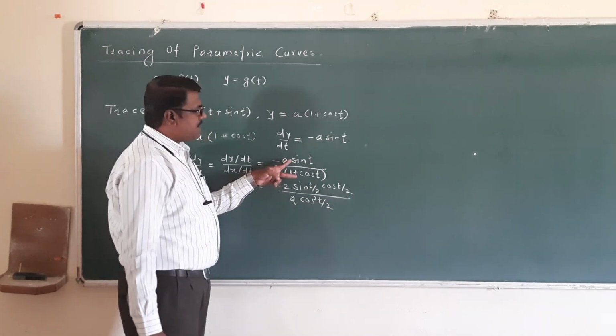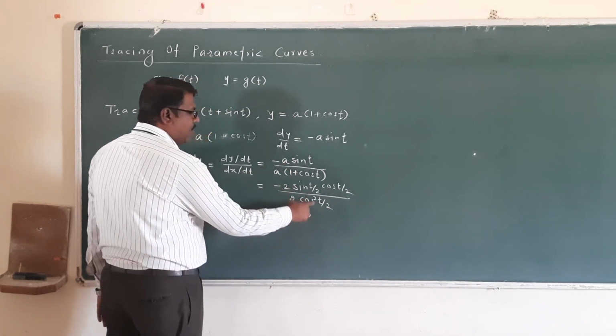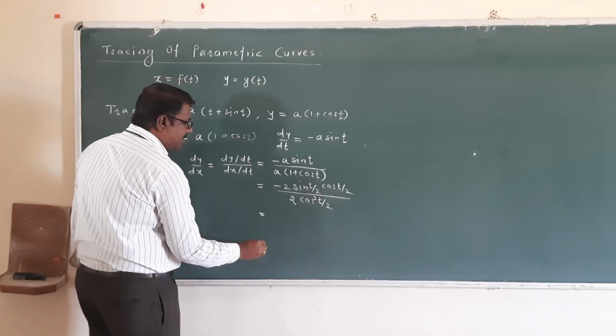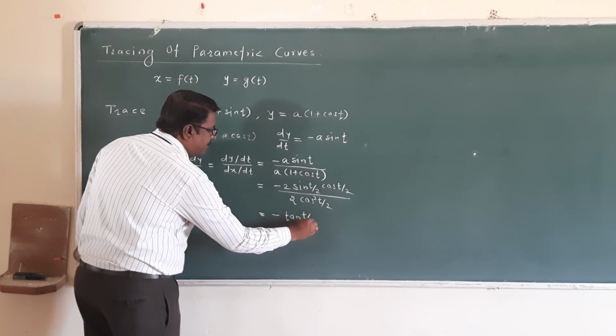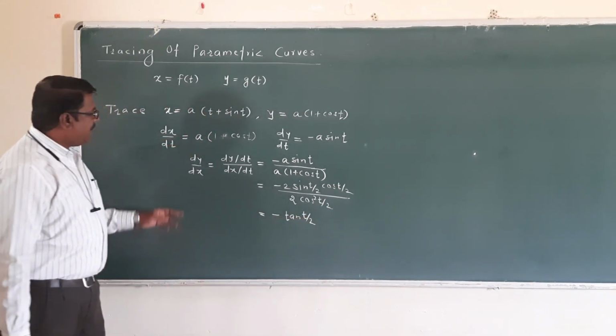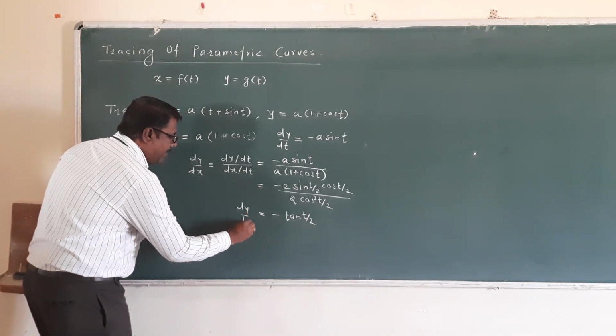So we know these half angle formulas. Now the 2 gets cancelled, one cos t by 2 gets cancelled, so it remains minus tan t by 2. Okay, so we got dy by dx as minus tan t by 2.